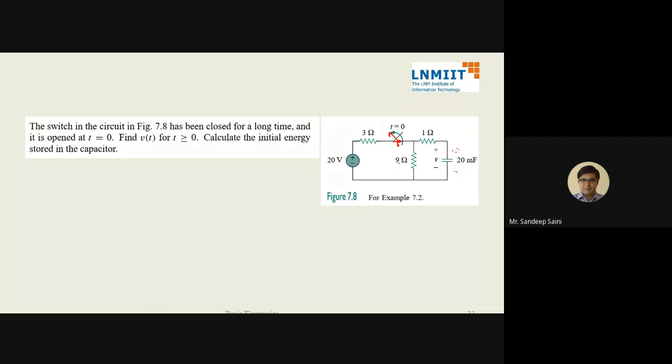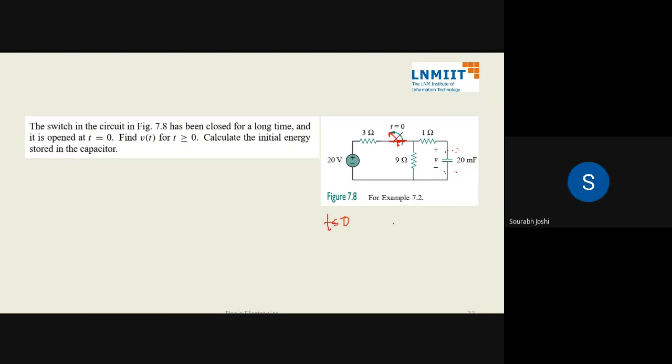When a switch is closed for a long time, we are considering infinite time, which means DC conditions. Under DC condition, this capacitor will be open circuit. Is this okay? Yes, sir. So what will be the voltage across the capacitor at t equal to 0, just before t equal to 0?